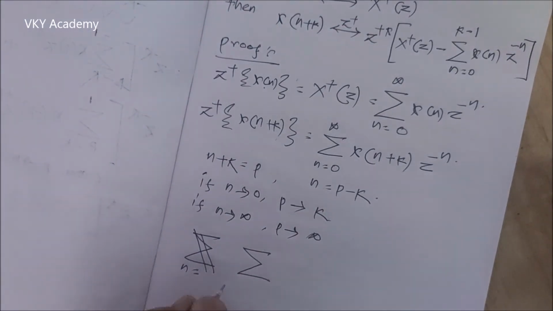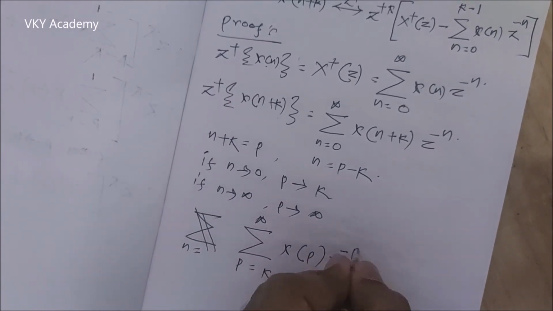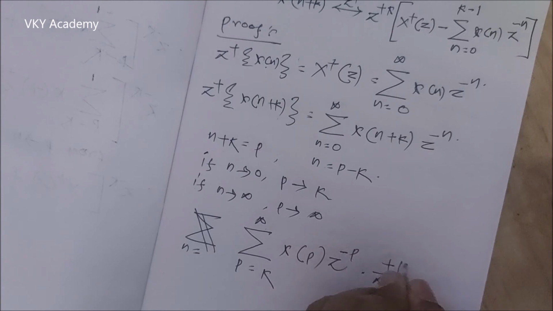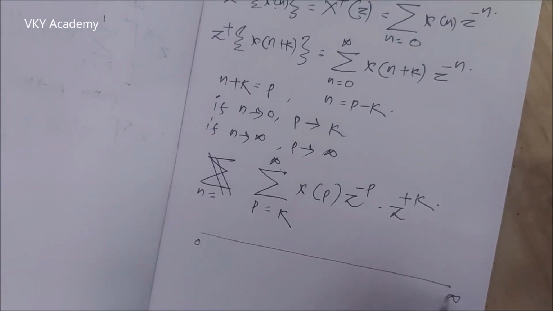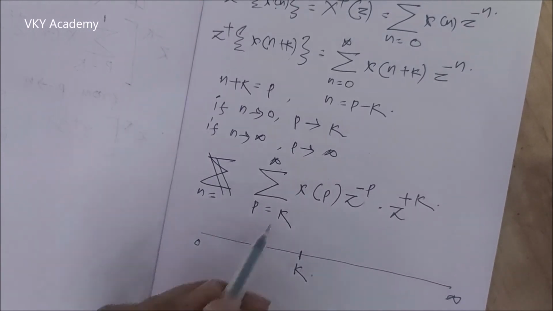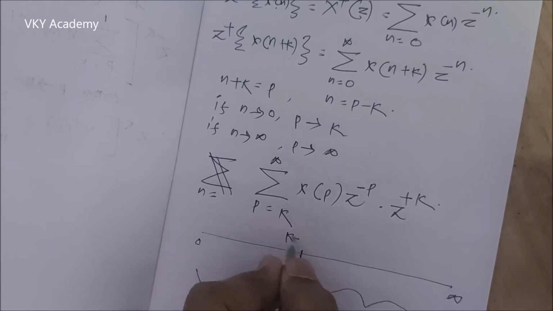So the limit for the Z transform will be p equal to k to infinity, x of p z to the power minus p, times z to the power plus k. Now if I say I have a range from 0 to infinity, then k will be somewhere in this range. So this limit k to infinity can be written as 0 to infinity minus 0 to k minus 1.